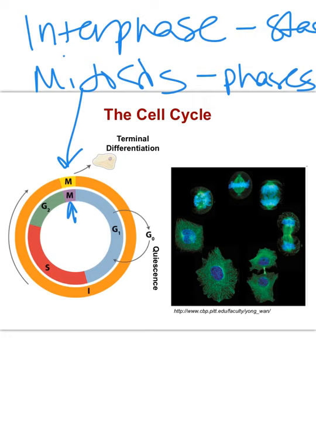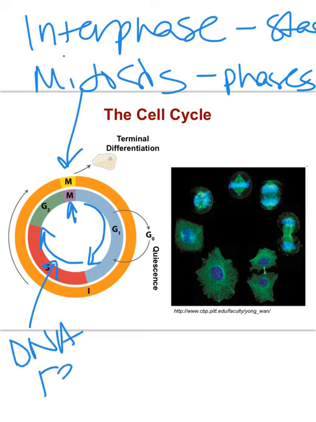So G1, growth, getting ready for DNA synthesis. Make sure you have all the enzymes necessary. S, synthesis, right? DNA replication. That's where replication happens. And then G2, growth, check everything out. And then mitosis, where we actually split the sister chromatids apart, right?